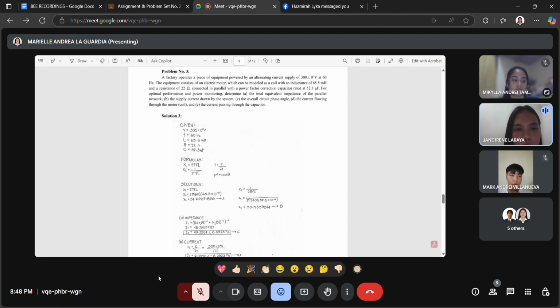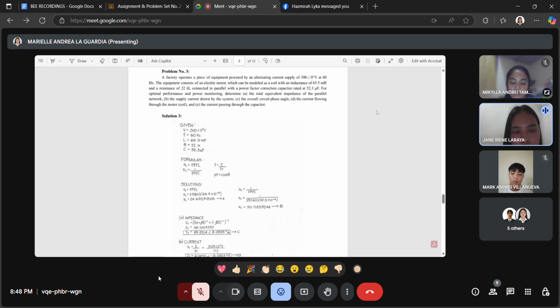For optimal performance and power monitoring, determine A, the total equivalent impedance of the parallel network, B, the supply current drawn by the system, C, the overall circuit phase angle, D, the current flowing through the motor coil, and E, the current passing through the capacitor.